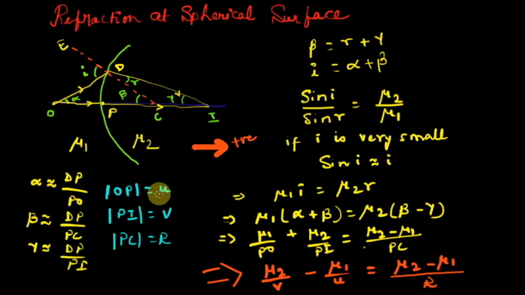PO or OP is U, and the direction is opposite to the direction of the incident ray, so it will be minus U. So mu1 by minus U. PI has magnitude V, and the direction is in the direction of the incident ray, so the value of PI will be plus V. PC has magnitude R, and the direction is along the direction of the incident ray, so it will be plus R. If we apply these values with the proper sign convention, we will get mu2 by V minus mu1 by U is equal to mu2 minus mu1 by R. This is the general equation for refraction at a spherical surface.